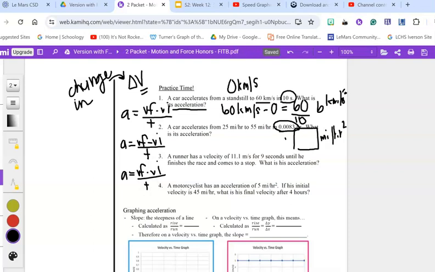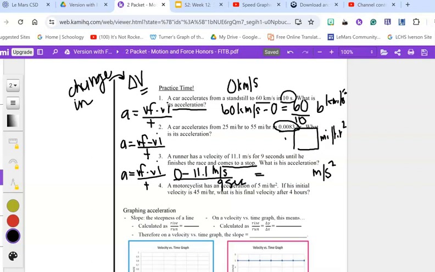Well, his final is that he comes to a stop, which is 0, minus his initial, which is 11.1 meters per second, all divided by 9 seconds. You're going to get your answer. It's going to be in meters per second squared.